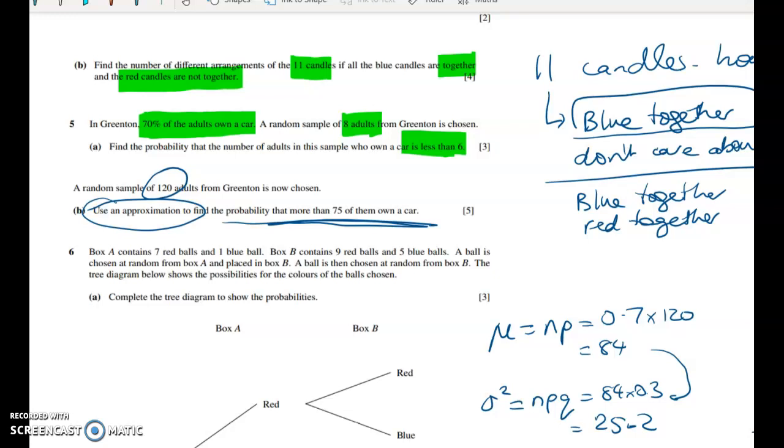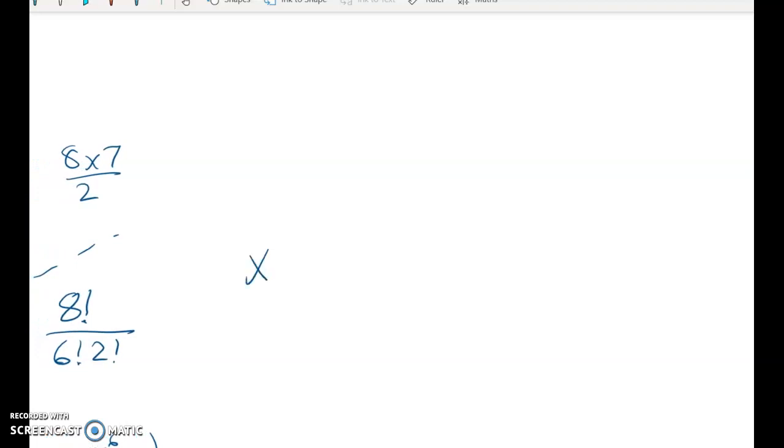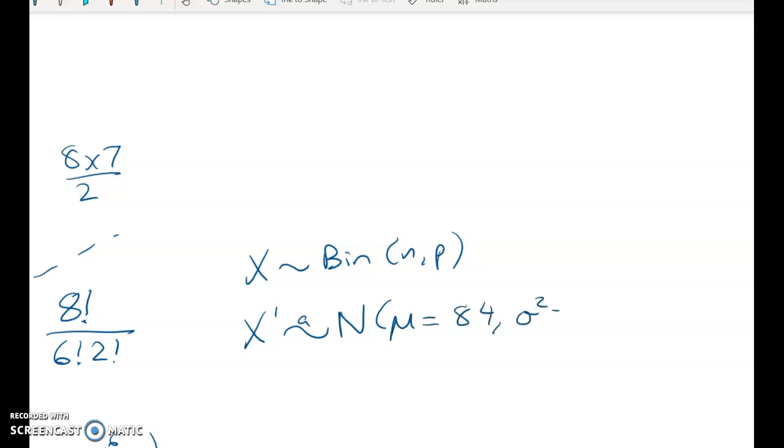This distribution up here is what I'm going to call X, so X is binomial with n and p. Our approximation, I'm going to call X dash, is approximately normal with mu of 84 and sigma squared of 25.2.